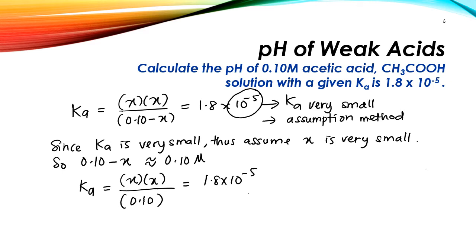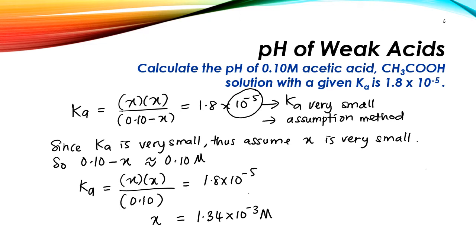Now we can solve the value of X using the calculator: 1.8 exponent negative 5 multiplied by 0.10, then square root. So we get X equals 1.34 exponent negative 3 molar.